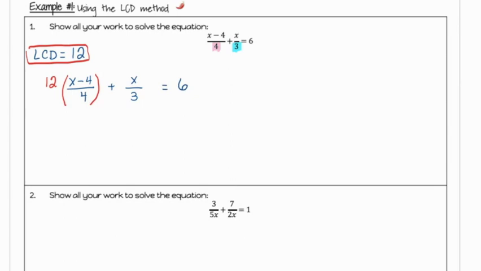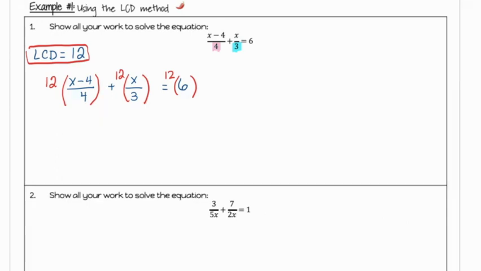I'm going to take the second fraction and multiply that by 12, and I'm going to take anything on the other side and multiply it by 12. So I'm multiplying every single piece of my equation by the LCD. Why am I doing that? Because I'm able to cancel out and I want to get rid of those fractions.